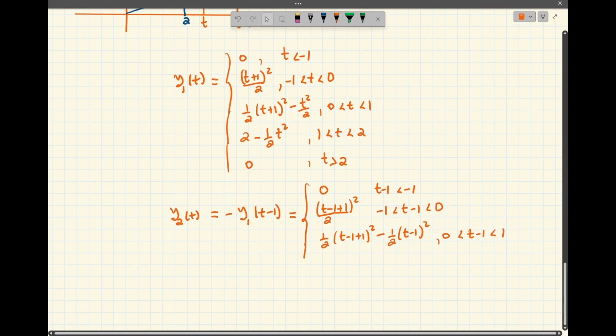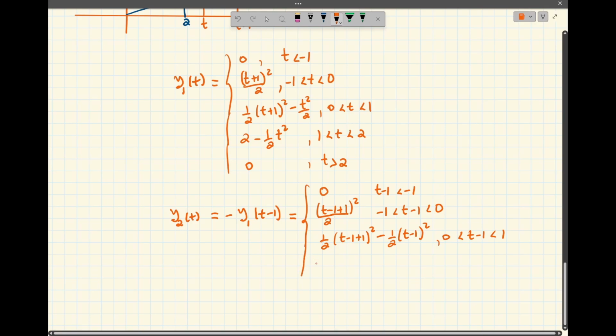We're going to recompute the bounds right after this. And 2 minus half (t minus 1) square, so 1 less than t minus 1 less than 2. And 0 when t minus 1 is bigger than 2.